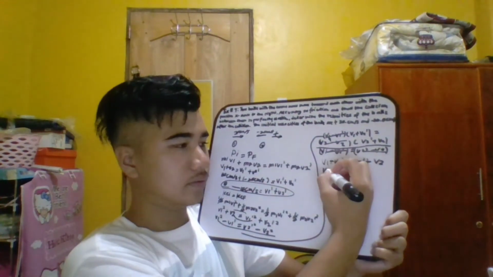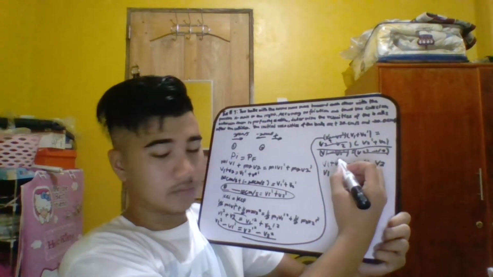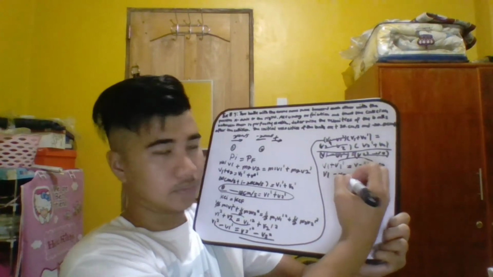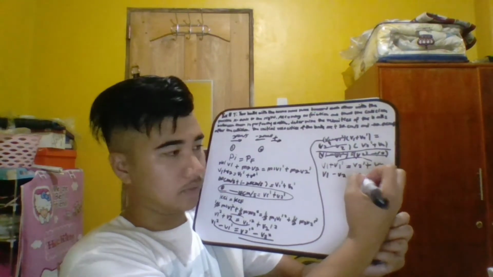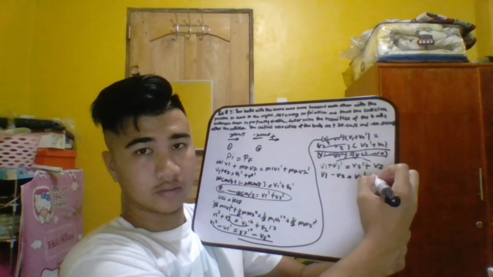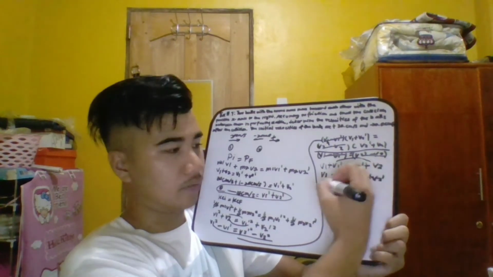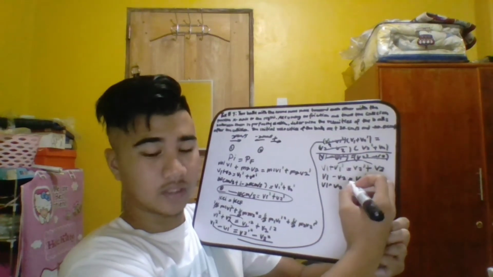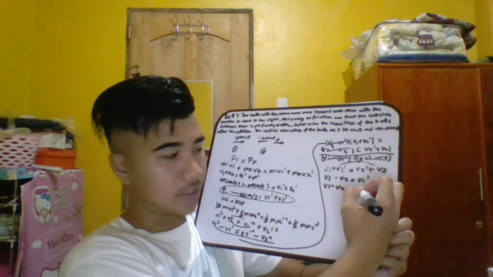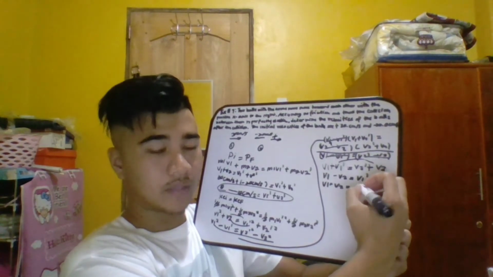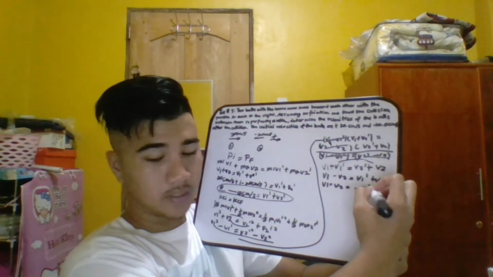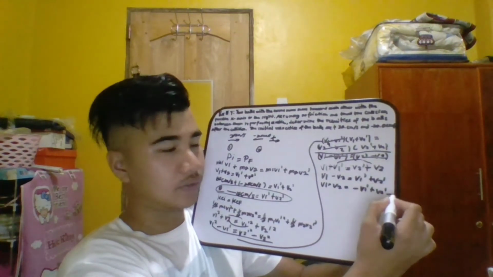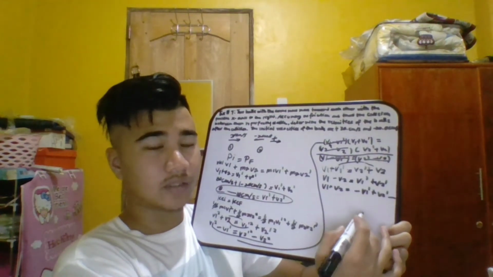v1 minus v2 equals v1 prime plus v2 prime. Let's take out the negative sign, so it's negative v1 prime minus v2 prime. So this is our equation 2, and let's substitute the given values.